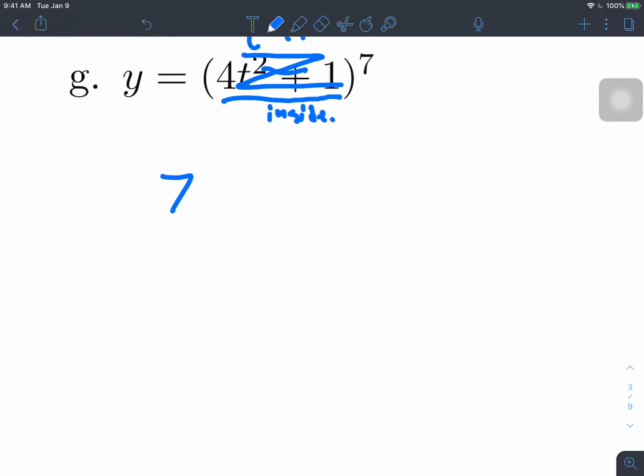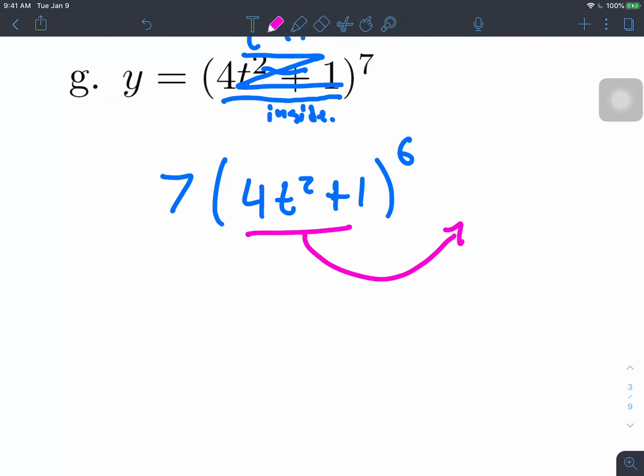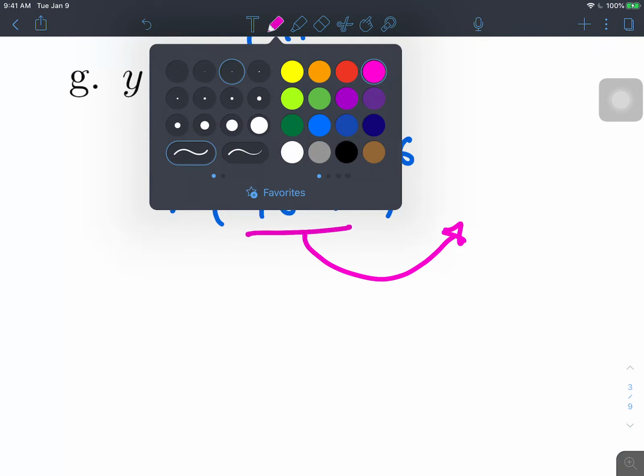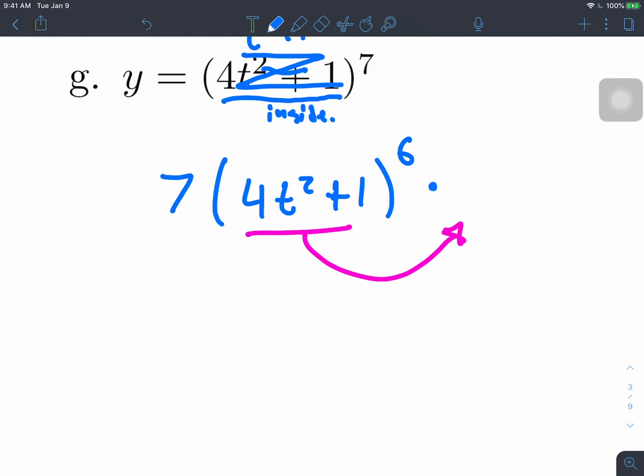I would get 7, and then where I had a z, I'm going to write the actual equation, 4t squared plus 1, and then the power should be 6 now. But I should remember that since the inside was a function itself, I should multiply by the derivative of that function, which is 8t.